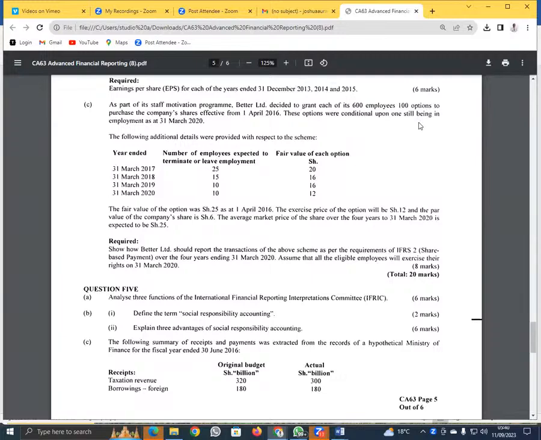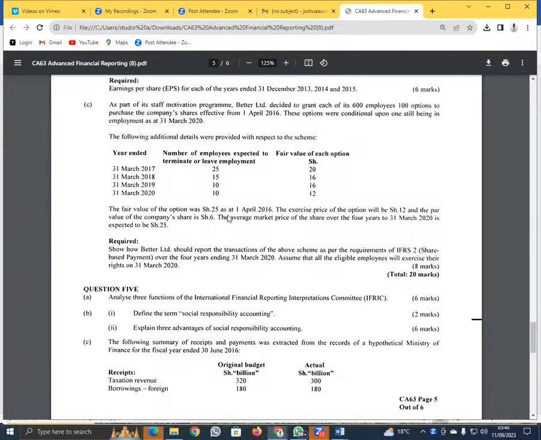These options were conditional upon one still being in employment as of 31st March 2020. The fair value of the option was 25 as at 1st April 2016. The exercise price of the option will be 12, and the par value of the company share is 6. The average market price of the shares over the 4 years to 31st March 2020 is expected to be 25.